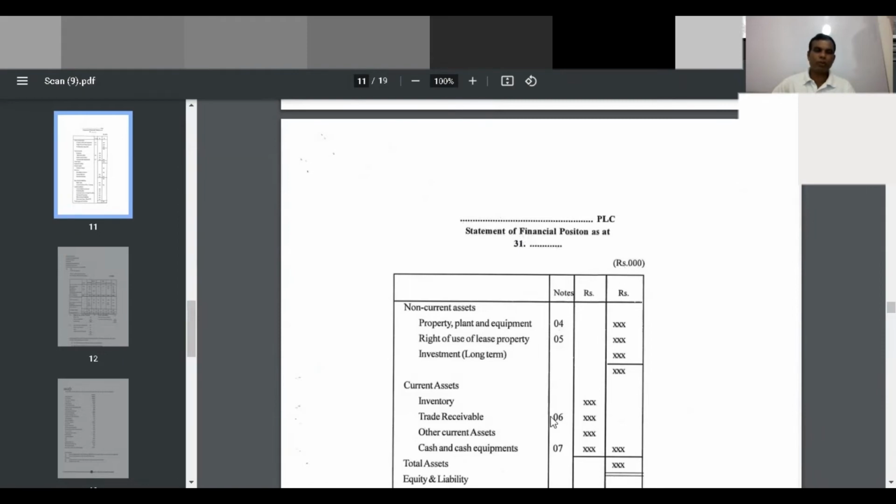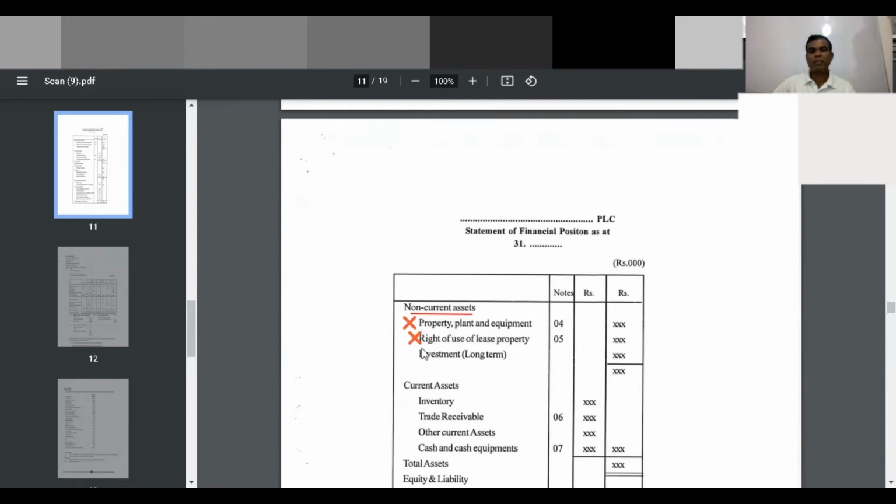Here you see the notes column, rupees and then rupees value. Here non-current assets. Now these are the facts to be highlighted. Non-current assets should be highlighted. Under non-current assets, you have property, plant and equipment. Then you see right of use, leasing vehicles.